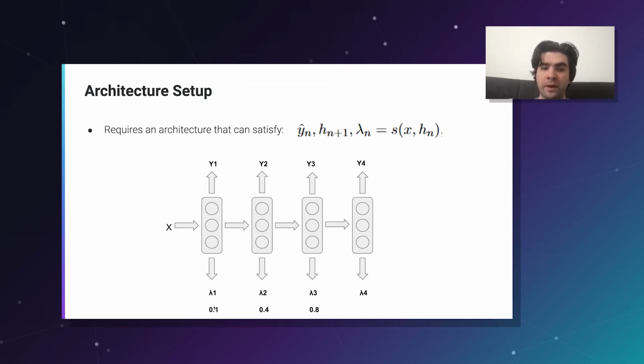And then assuming that we don't in fact halt, we'll go ahead and pass those hidden states through, produce a new prediction at y2, as well as a new halting probability of lambda sub 2. And perhaps that goes up now, so maybe we're a little bit more likely to halt.